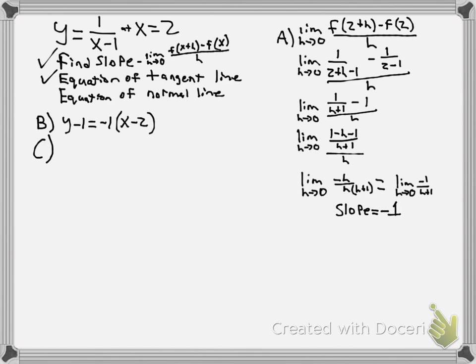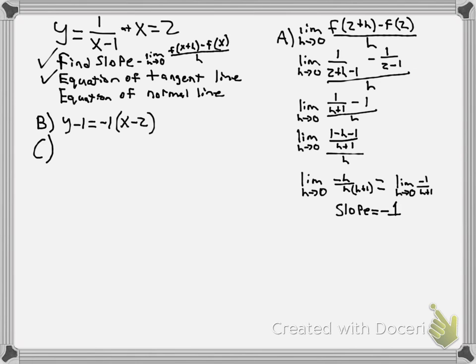Now please note my point has not changed. I'm still passing through the point (2, 1). The only thing that has changed now is my slope. So for the normal, I have the point (2, 1) with a slope. Well, if the slope of my given line is negative 1, what is the slope of a line perpendicular to it?